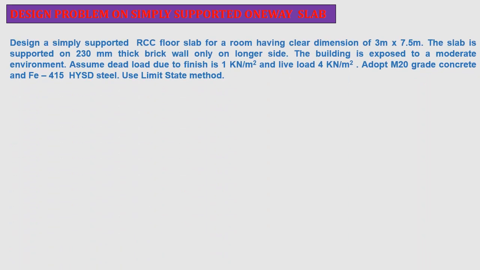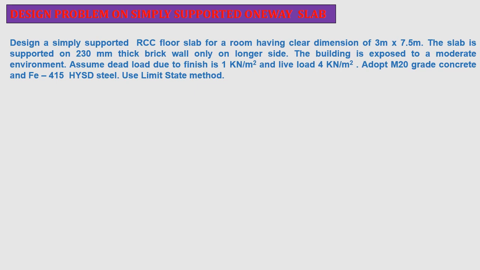Now I shall discuss the step by step procedure to design a simply supported one-way slab. So this is our problem. Design a simply supported RCC floor slab for a room having clear dimensions 3 meter by 7.5 meter. The slab is supported on 230 millimeter thick brick wall only on the longer side. The building is exposed to a moderate environment. Assume dead load due to finish is 1 kN per square meter and live load 4 kN per square meter.